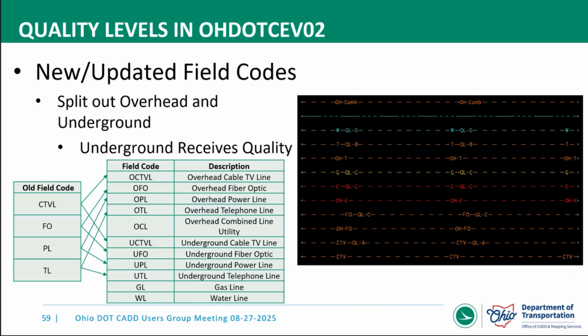We're going to do that through attributes. There's a screenshot of what the new line styles will look like. There's a QL and then the quality level after what you normally see. So for CTV for cable TV, there's a C or QLA for quality level A, or B, C, D, whatever it ends up being.